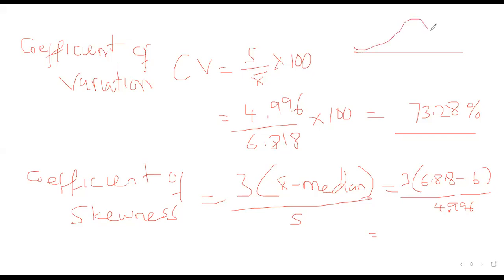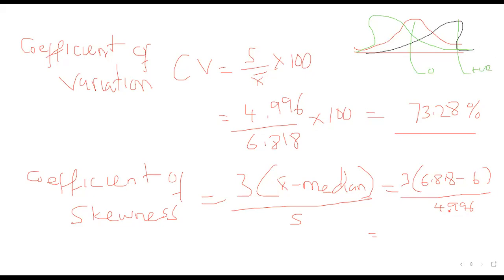For skewness, I want you to really comment on the distribution, how it is coming out. If you get a positive answer, it is skewed to the right. If you get a negative answer, it is skewed to the left. If you get a 0, it is normally distributed.